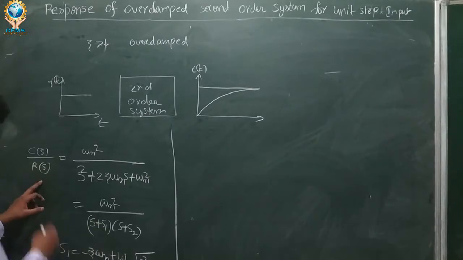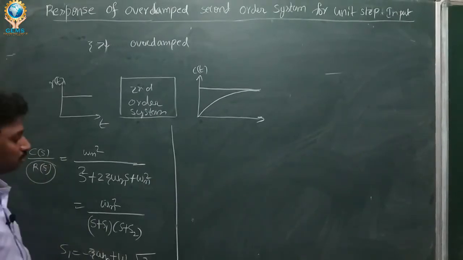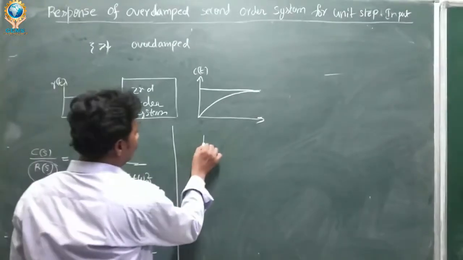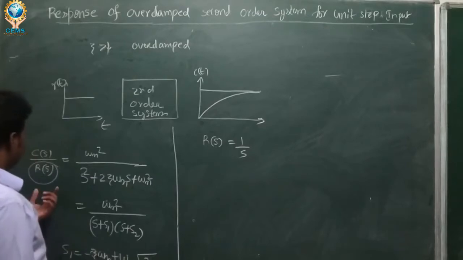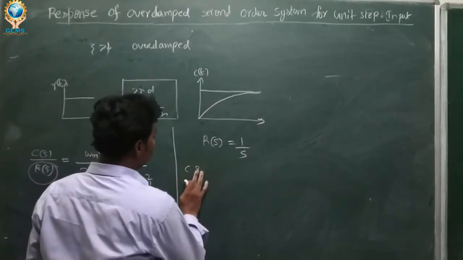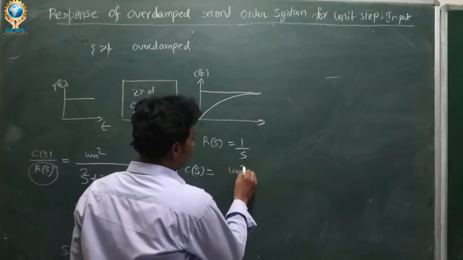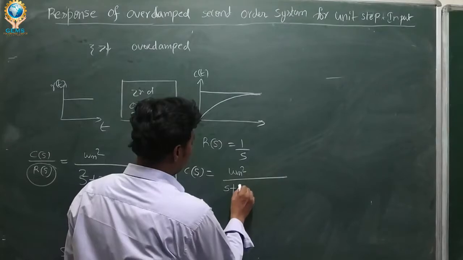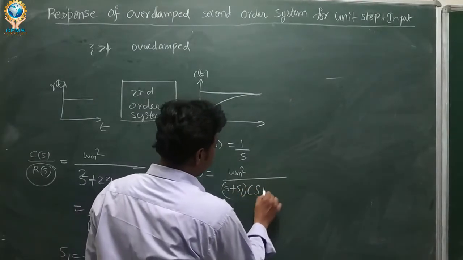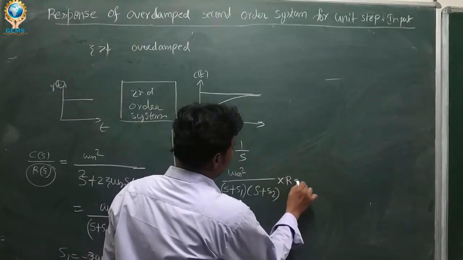Now, R of S is what? The input signal, this is a step signal. So R of S is equal to 1 by S. So now C of S is equal to omega n square by S plus S1 into S plus S2, into R of S, right?